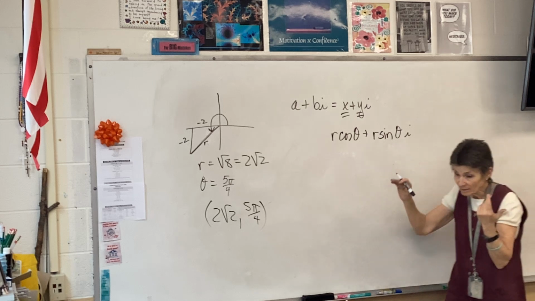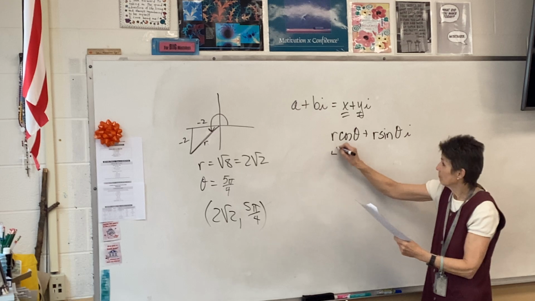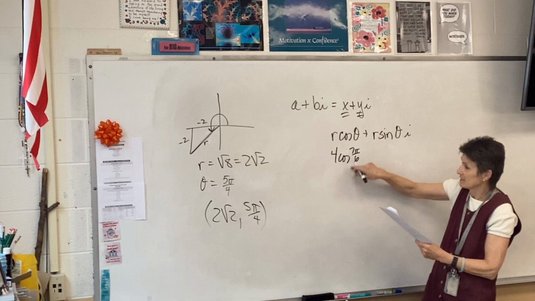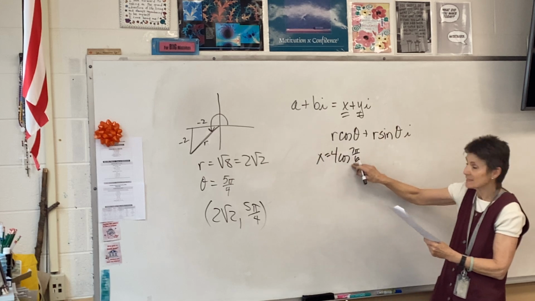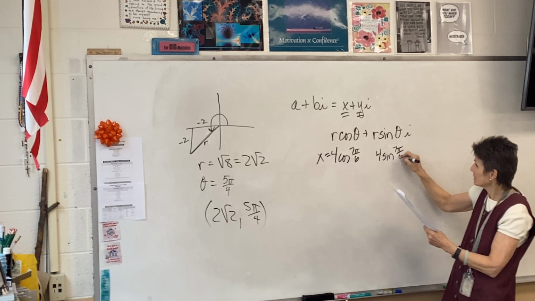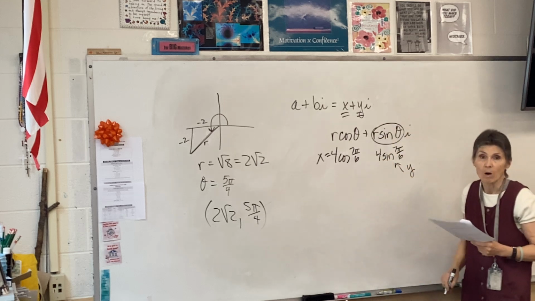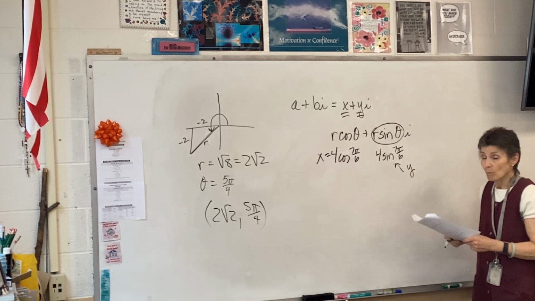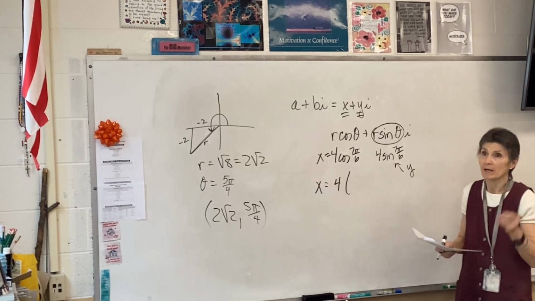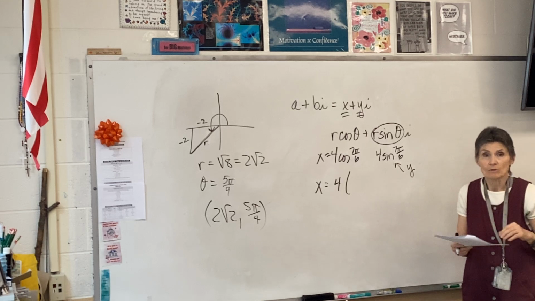Okay? So what are you given in example 7? You are given 4 cosine 7 pi over 6. Now kids, that's x. And then 4 sine 7 pi over 6, and that is y. R sine theta is y. So if we want to know what x and y are, we just figure this out. So 4 times cosine 7 pi over 6. Think of your unit circle.